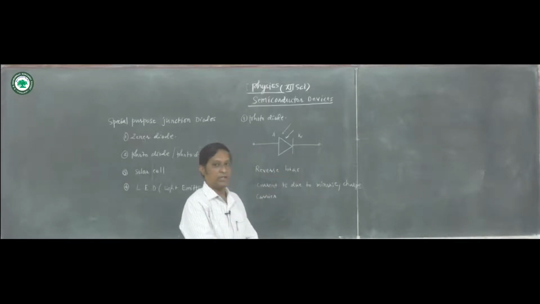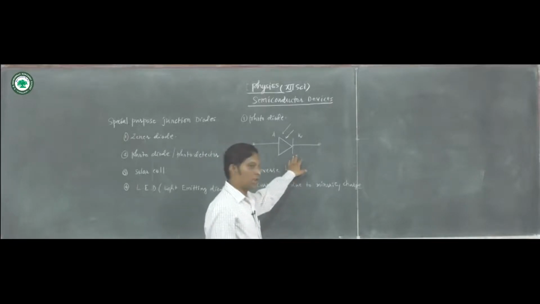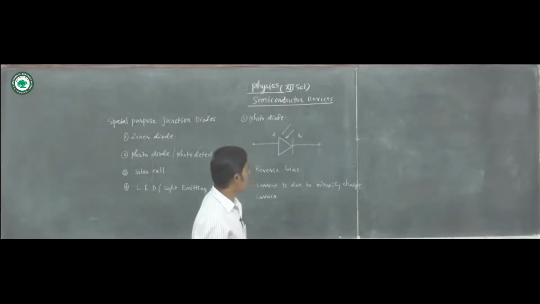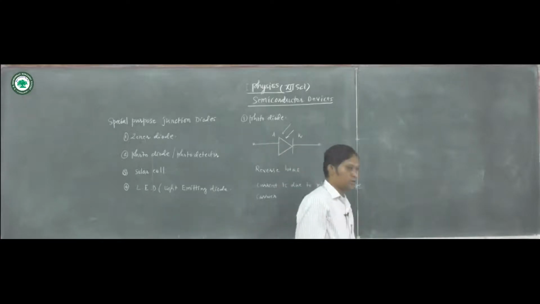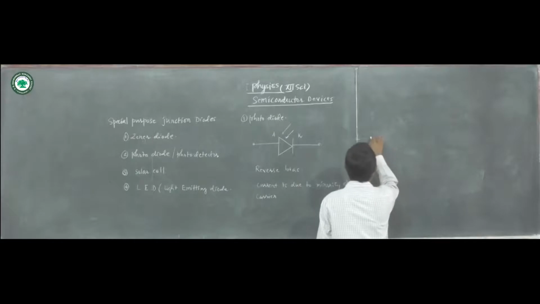The majority carriers in this section are the electrons, but the minority charge carriers are the holes in this section. Let us see the schematic diagram of the structure of this photodiode.